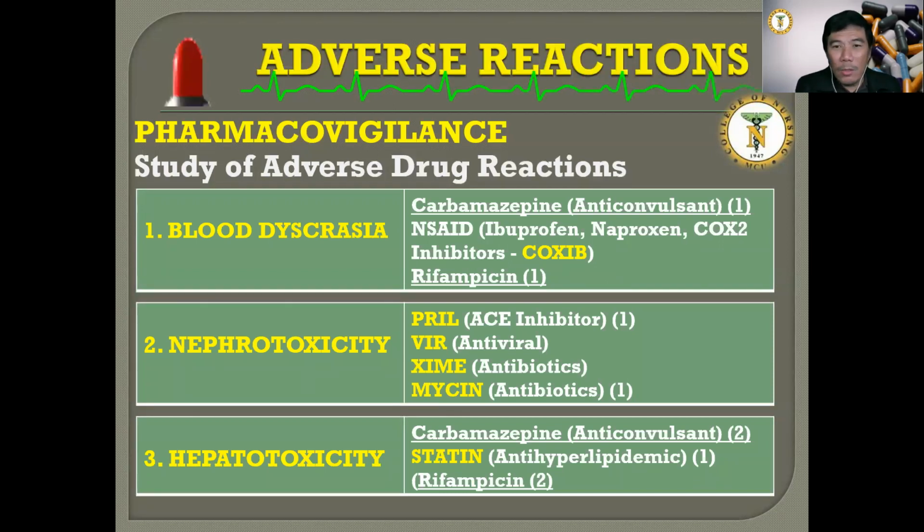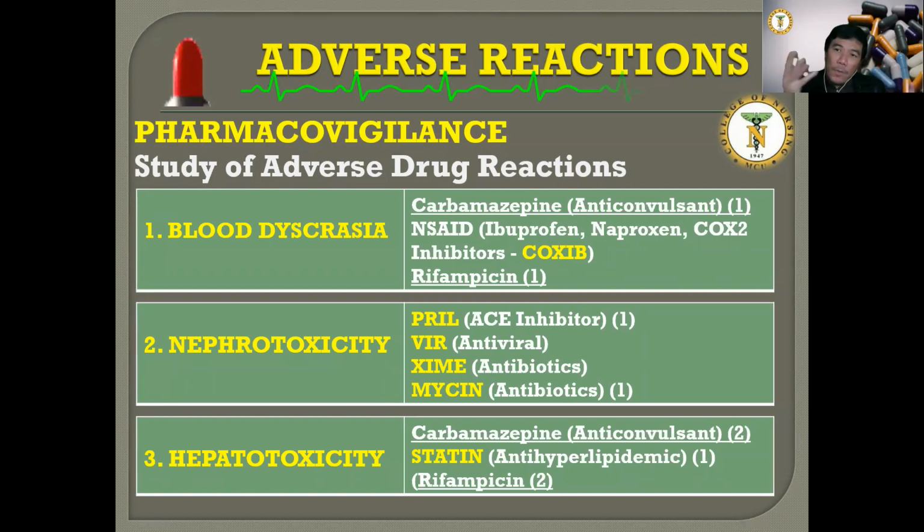So the next antibiotic that we may have is mycin. Yung mga gentamicin, azithromycin, erythromycin, clarithromycin. So these are drugs that may have adverse reactions affecting the kidneys.